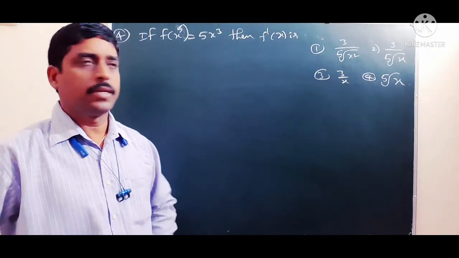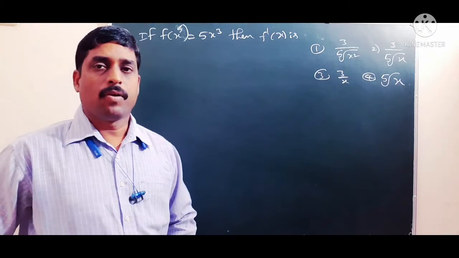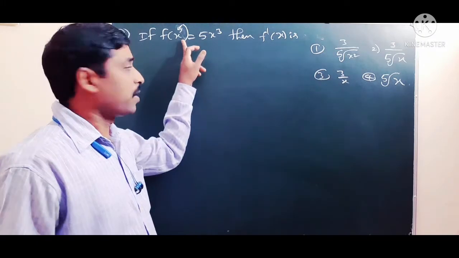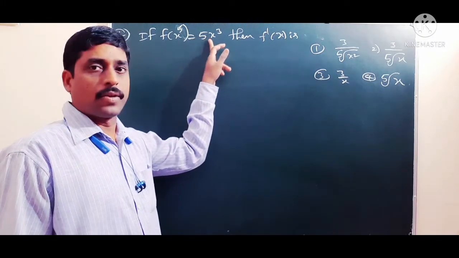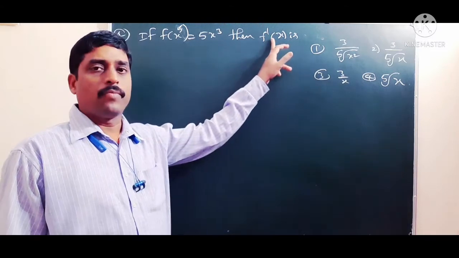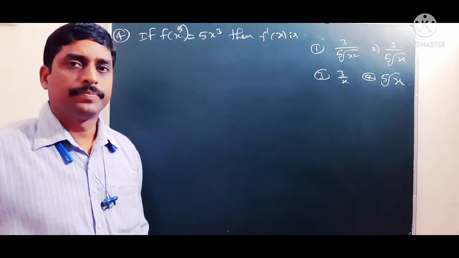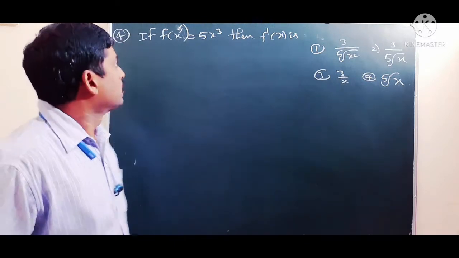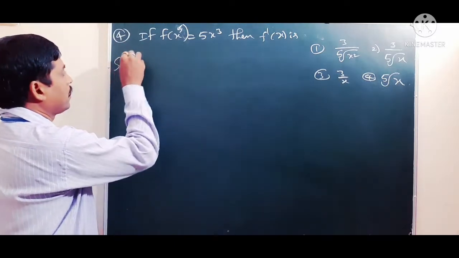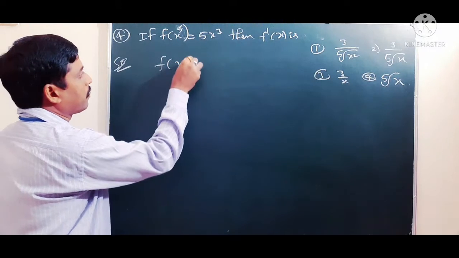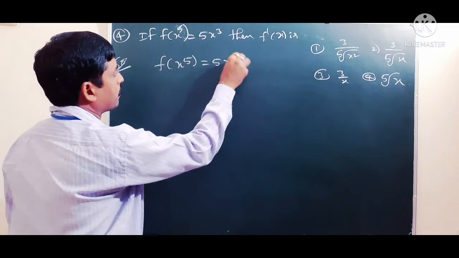This is a 2008 question. f of x to the power 5 equals 5x cube is given. Then we have to find f dash of x. How can we solve this problem? What is the given condition? f of x to the power 5 equals 5x cube.